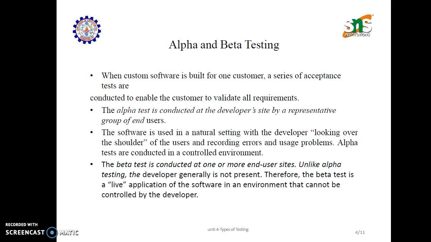If the end users are satisfied, then the software will have maximum quality. If not, the design part has to be redefined and then go to the end users again.